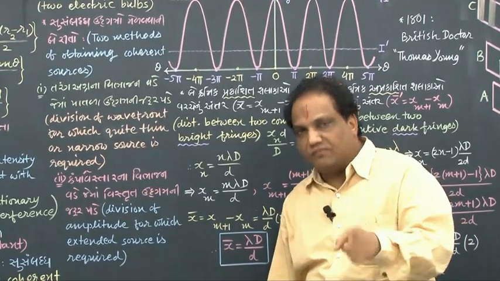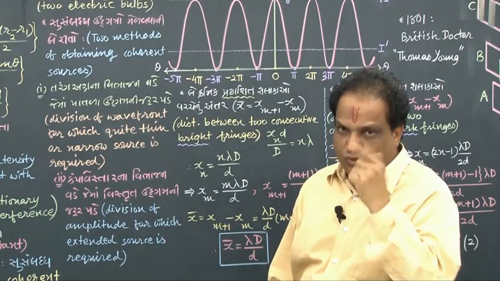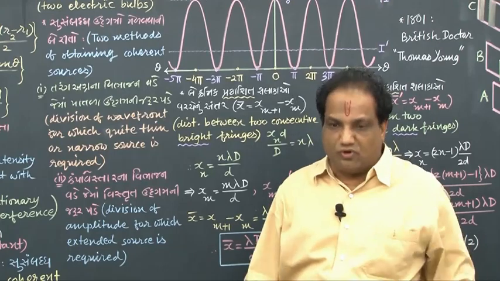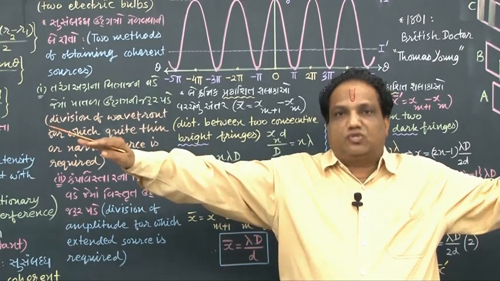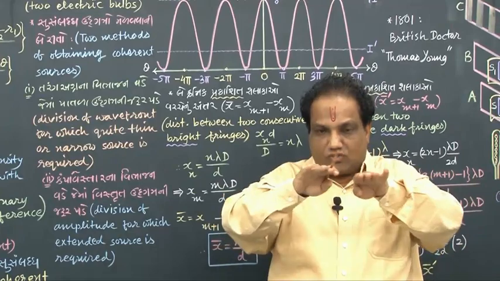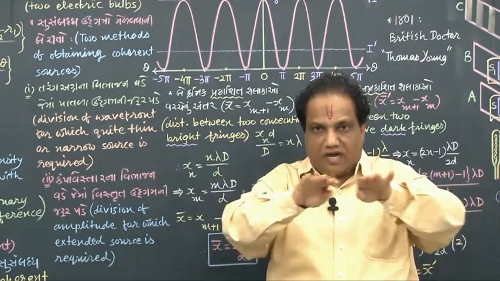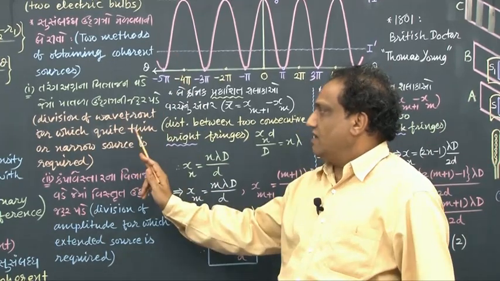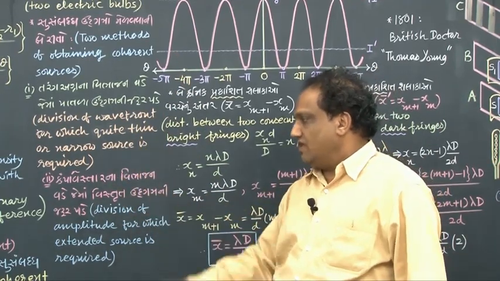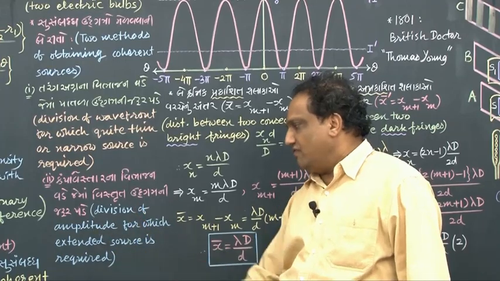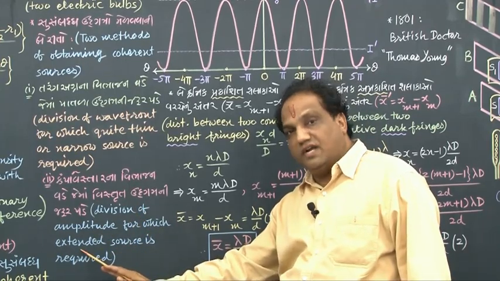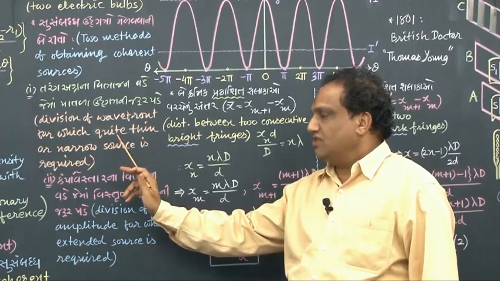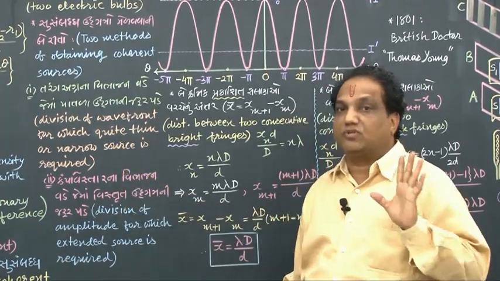Another is division of amplitude, where you require extended source, the source which is spread over a large region, which is called extended source. In our syllabus, we have to study this by division of wavefront. How can you get coherent sources?